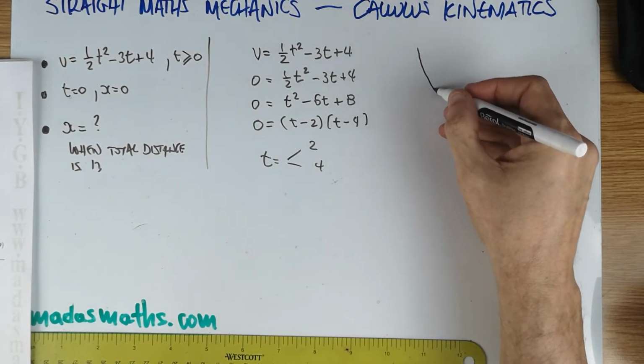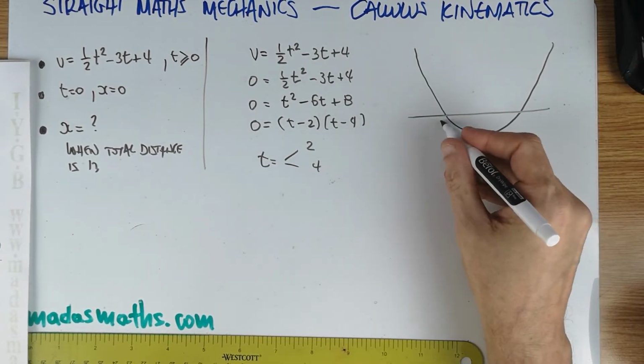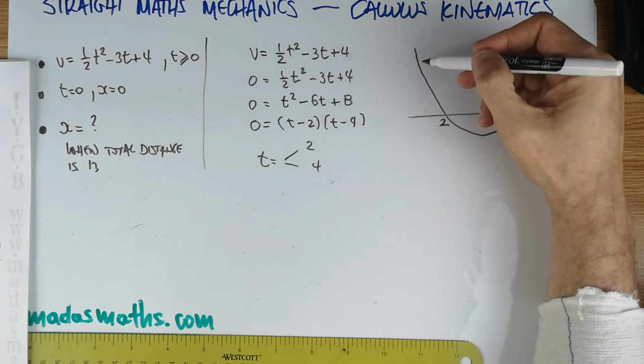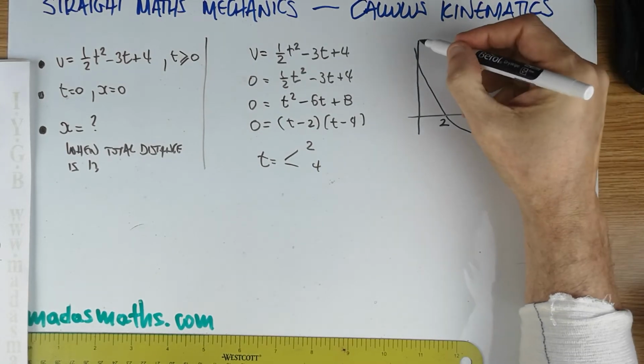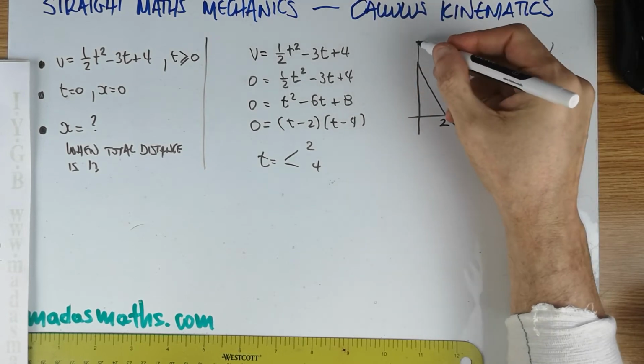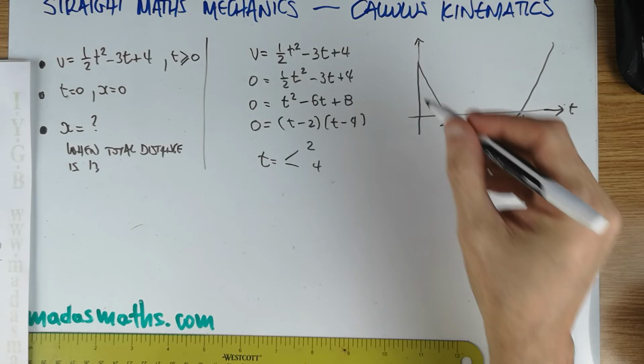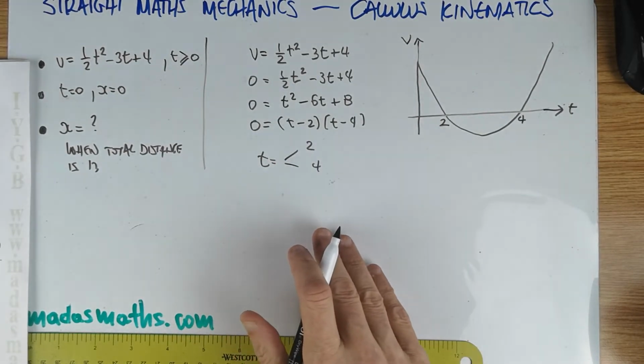So this is what we've got. We've got 2, 4. There's nothing to the left of here, of course, because t has to be positive. So that's your t-axis or your x-axis, and this is your velocity axis.